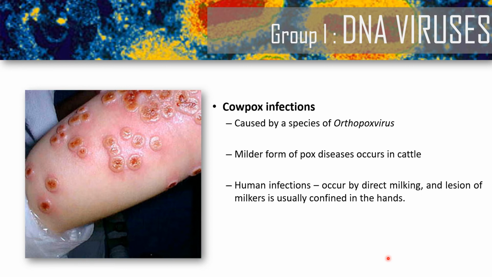Fever na lang, for example. Kaya sabi ni Jenner, baka ito may cross-reactivity, kaya pwede nating expose yung tao with a low-key virus, which is your cowpox, that does not cause death to humans compared to smallpox.